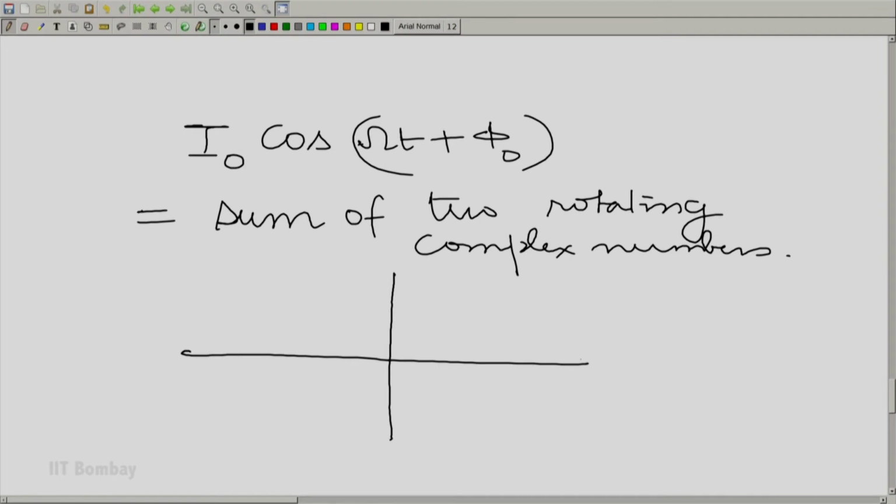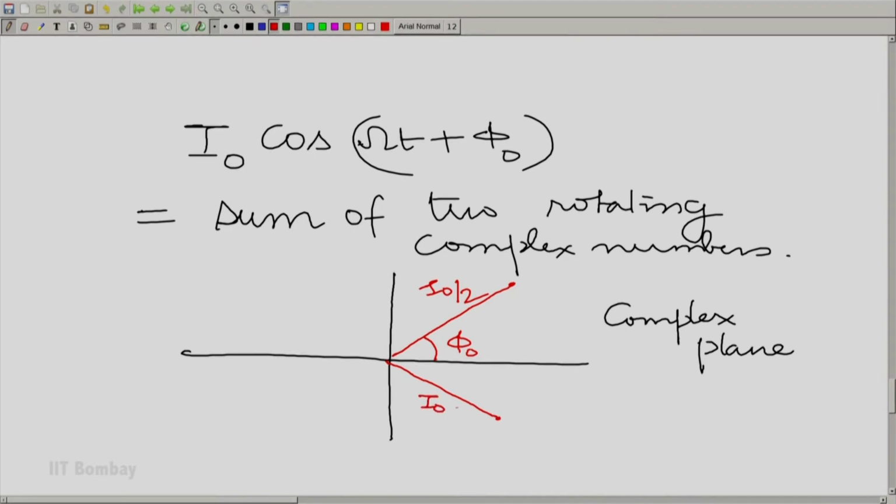So, visualize this to be the complex plane here, and let us draw two rotating complex numbers in this plane. Let one begin at time t equals 0 with an angle of phi 0. Let it have a magnitude of I0 by 2, and let the other begin with the same magnitude I0 by 2, but the opposite angle of starting.